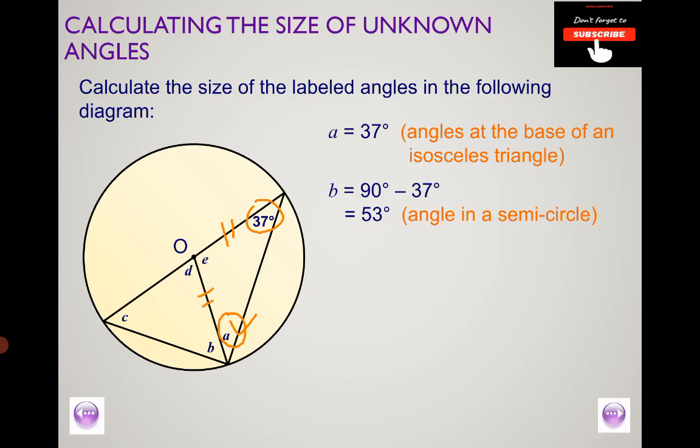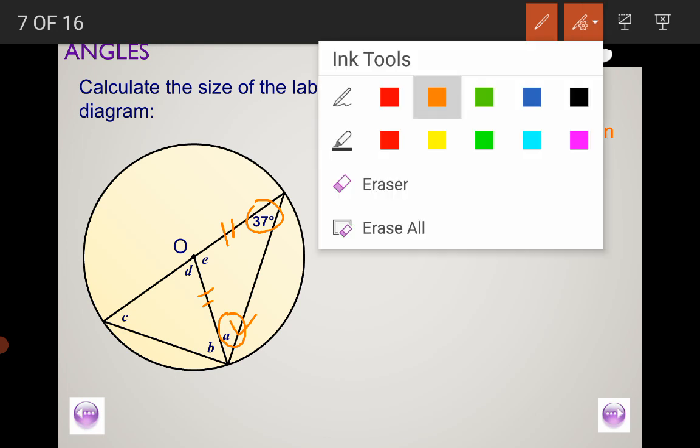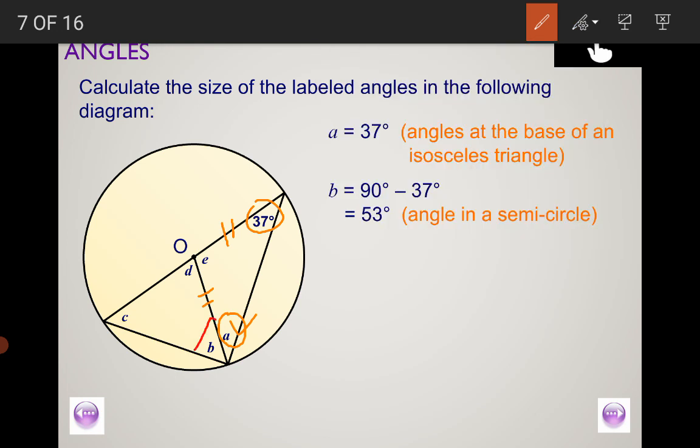But if you look at angle B, where is angle B? Angle B is right here, this one. But we know that angle A is 37 degrees, which we just calculated up there.